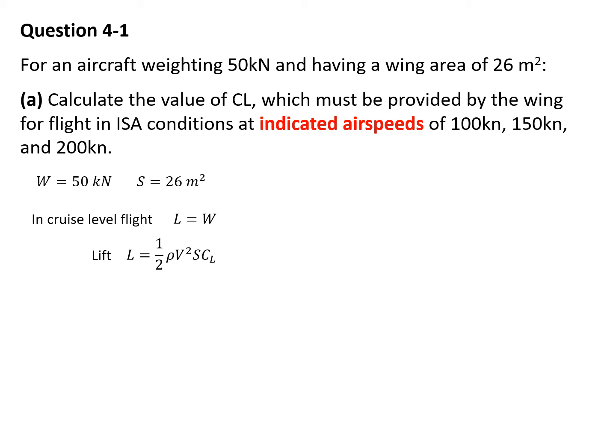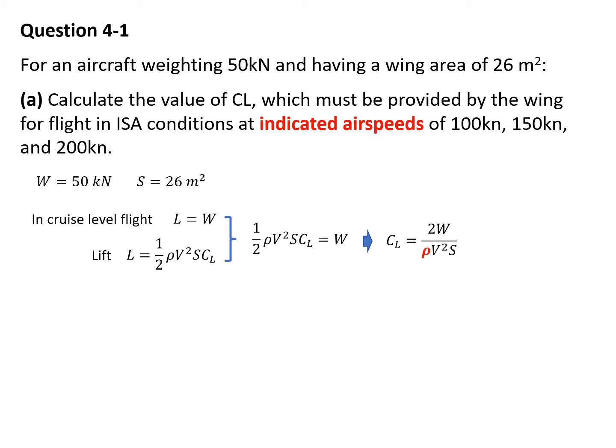That's just a definition. Okay, so by having these two relations, we can have the lift equals weight, and then since we are asked to calculate CL, if we write CL explicitly, CL is 2W over rho v square times S.